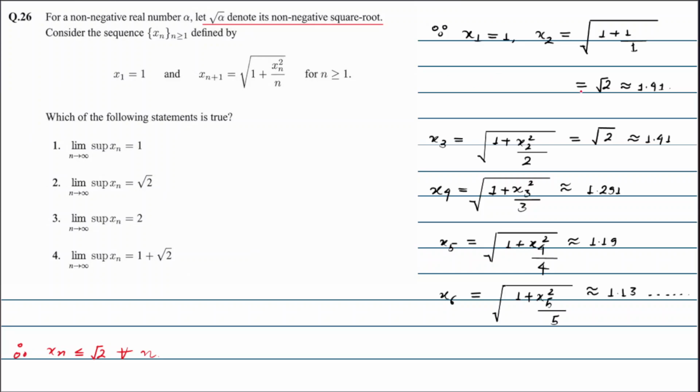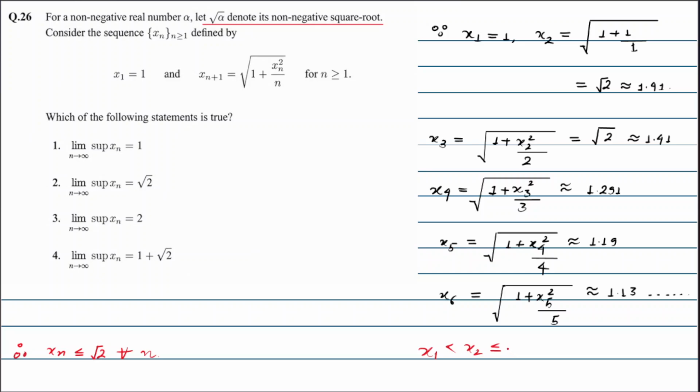So note that x4 is less than x2, x5 is less than x4, and x6 is less than x5, and so on.